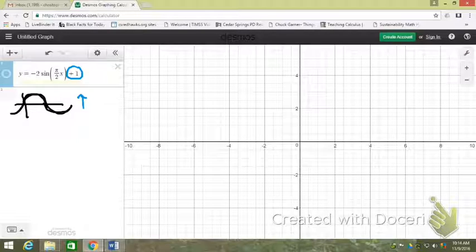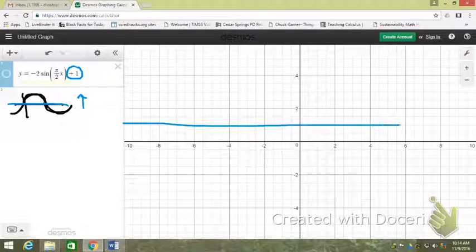Which means my x-axis, that center line of my graph, isn't going to be at the x-axis anymore. My center line is actually going to be shifted up by 1. And so it's going to be right through there. Shifted up 1 unit, which is awesome.